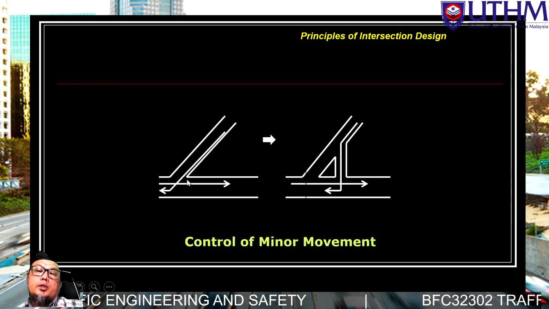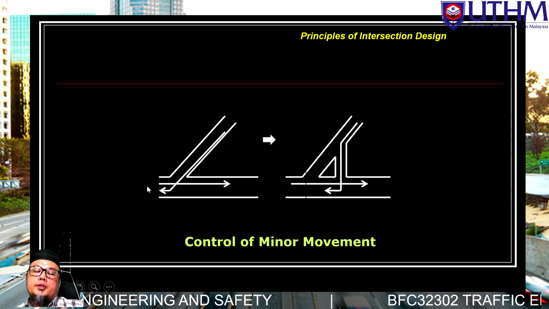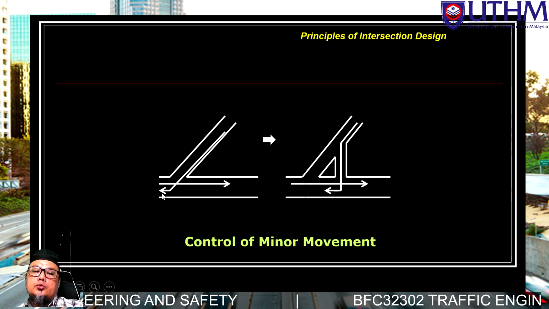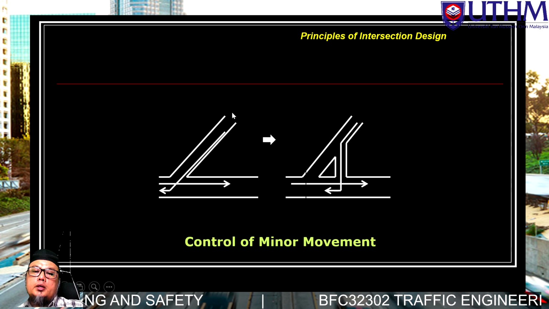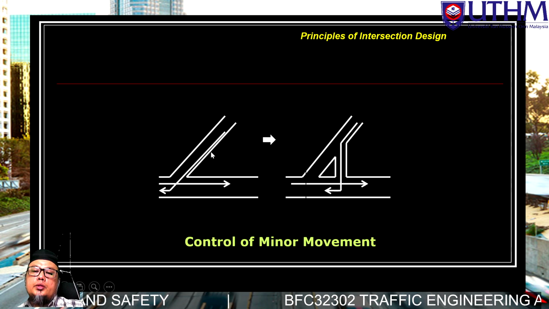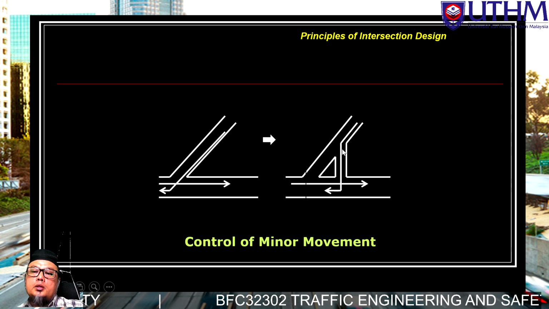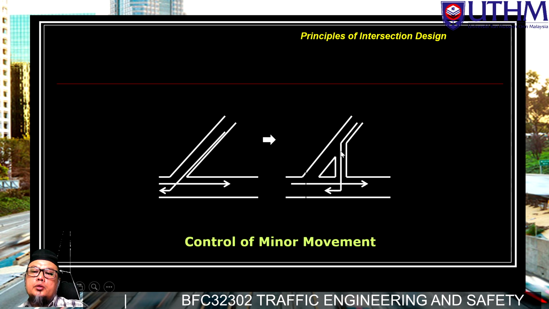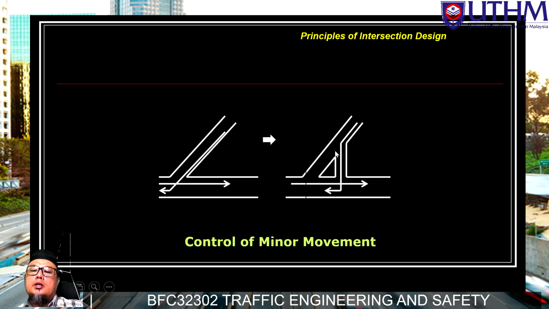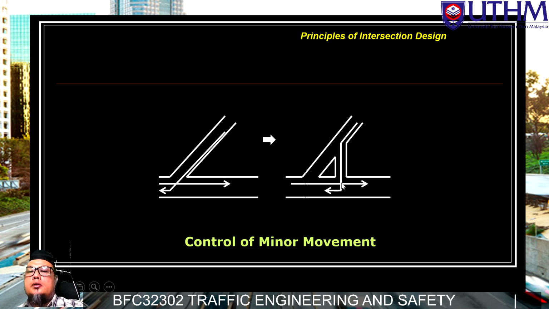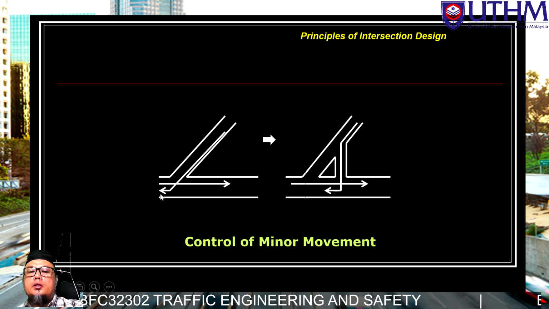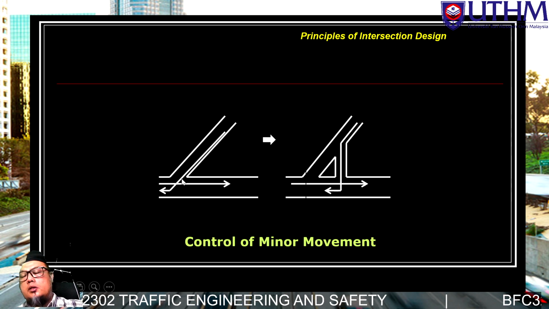Okay, from here, if you look at this first layout, the skew junction, like an oblique junction, we try to correct this to 90 degrees, perpendicular. You create more safety in terms of the vision of the vehicle itself.